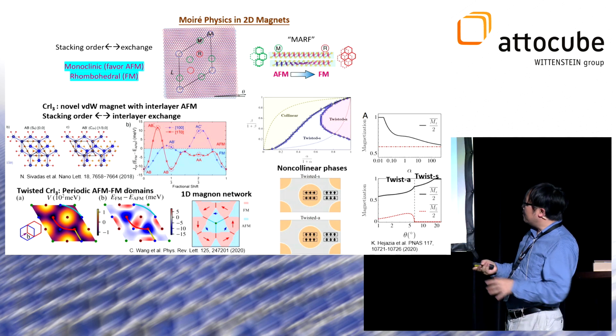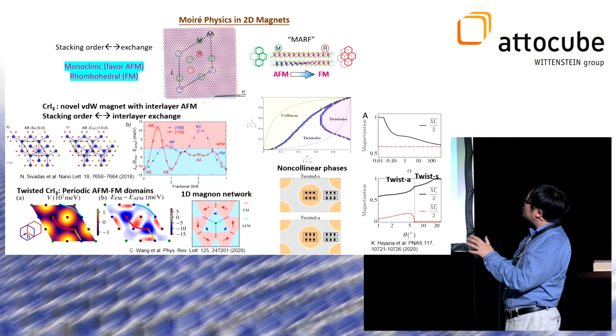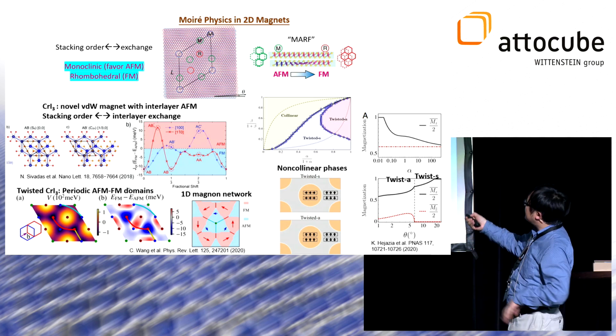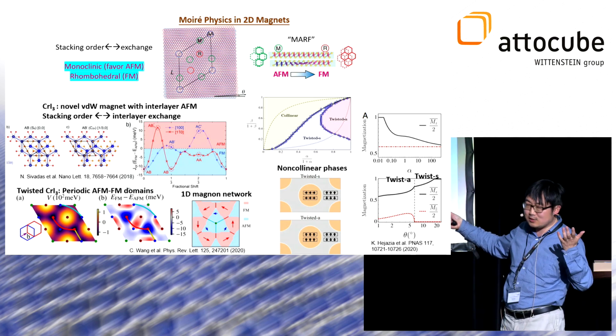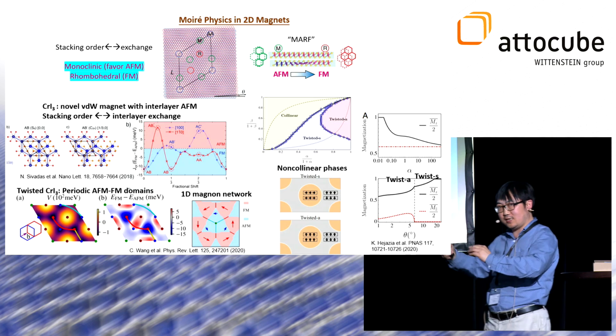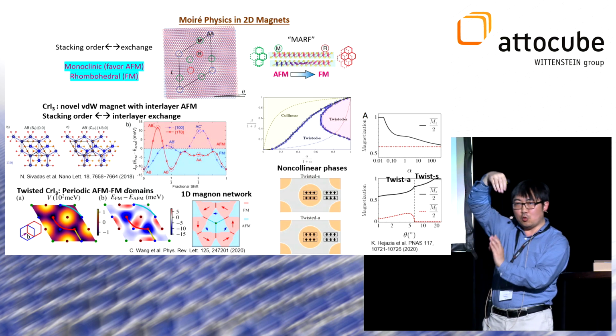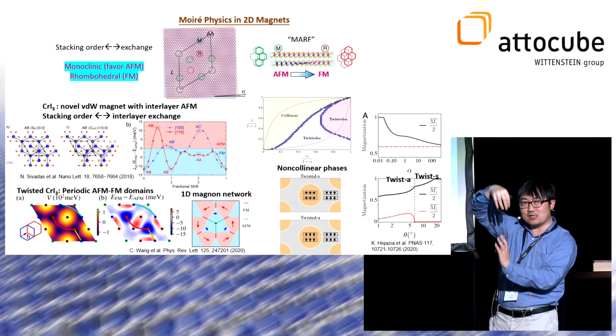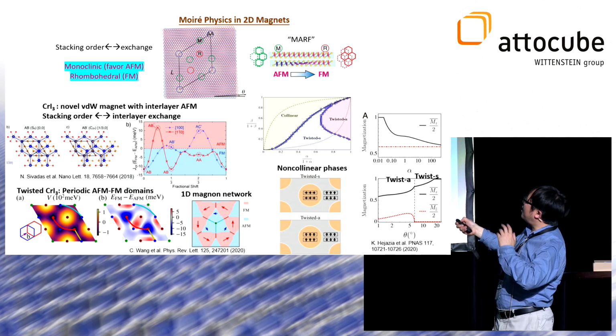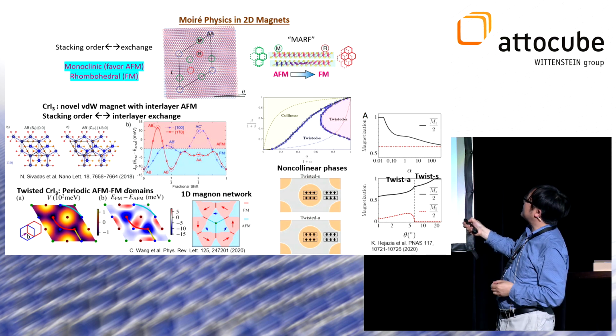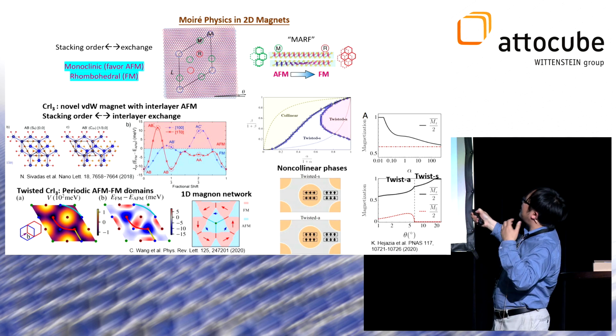Long story short, when you twist the two magnets, you start introducing a Moiré pattern, a spatially modulated stacking, or the way the lattices are registered to each other. You no longer have the natural monoclinic stacking; you change it from monoclinic to rhombohedral.